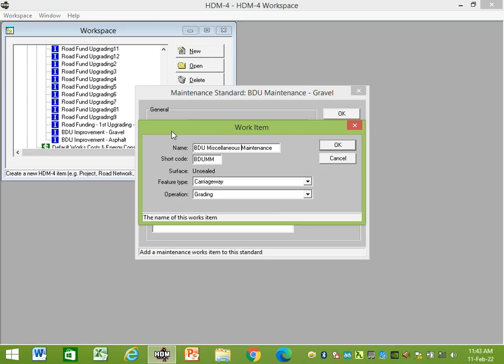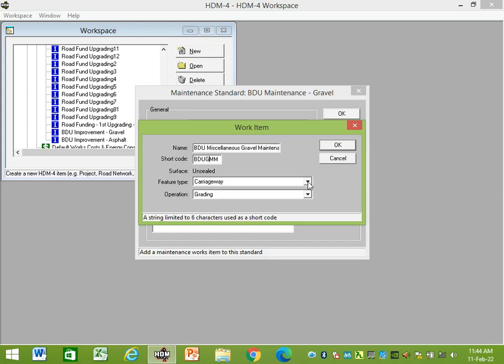I think gravel should be there. Gravel maintenance. Okay. So BDU, gravel, miscellaneous maintenance. All the maintenance included together. Grading, ditch clearing, whatever.